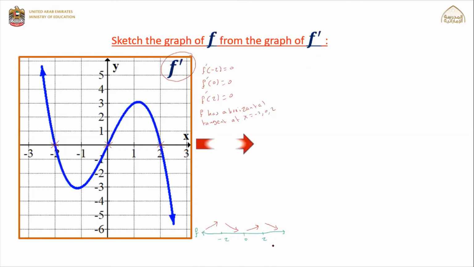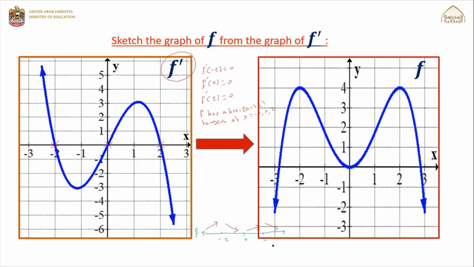Now we will see together what the graph looks like. First of all, f prime of -2 is 0, so f has a horizontal tangent. Look here, at -2 we have a horizontal tangent. Also, at 0, we also have a horizontal tangent. And at 2, I also have a horizontal tangent.